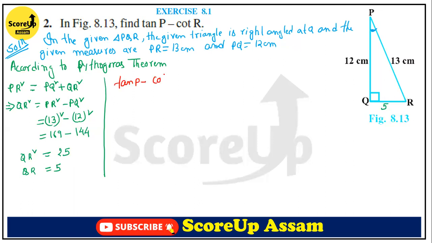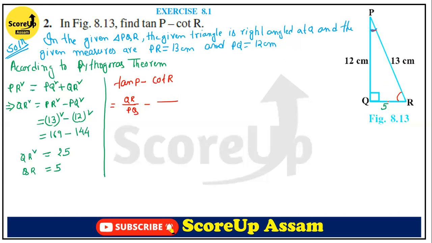Tan P minus cot R. So the value of tan P: when we say tan P, QR is our perpendicular, right? And PQ is our base. So tan P means perpendicular by base, so QR by PQ. In case of cot R, it is base by perpendicular.